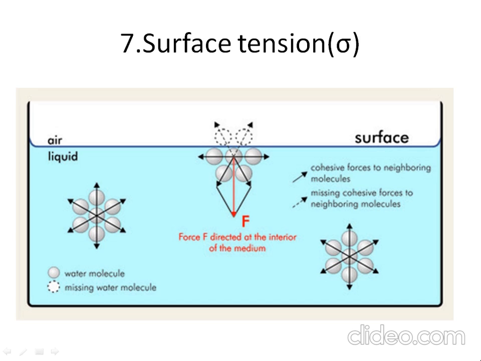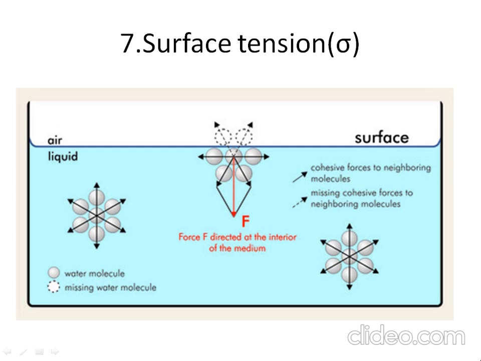This molecule is under the action of an unbalanced cohesive force, and it experiences a net downward pull. This molecule is under a stressed condition. All the molecules on the surface are under stressed condition, and their presence creates a membrane of stressed molecules over the surface that can bear a small load, and such a property is known as surface tension.